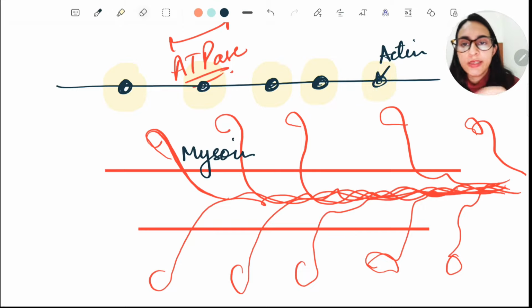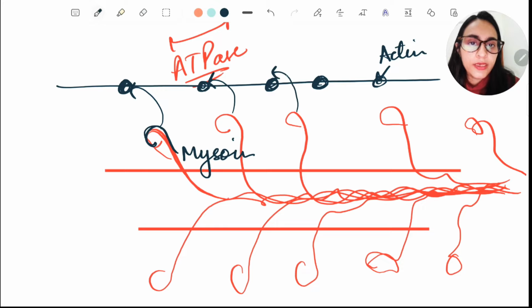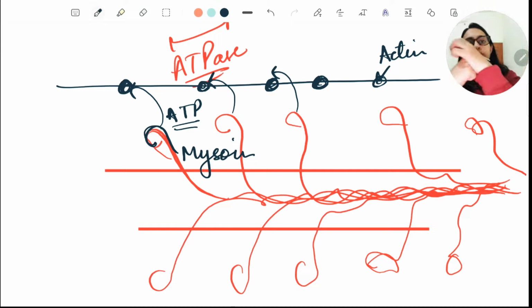When the muscle contraction takes place, there is uncovering of the troponin and tropomyosin, and this myosin head attaches or clings to the actin. And when it is attached to this actin, the detachment requires ATP, and all the molecules get attached together and get detached together.